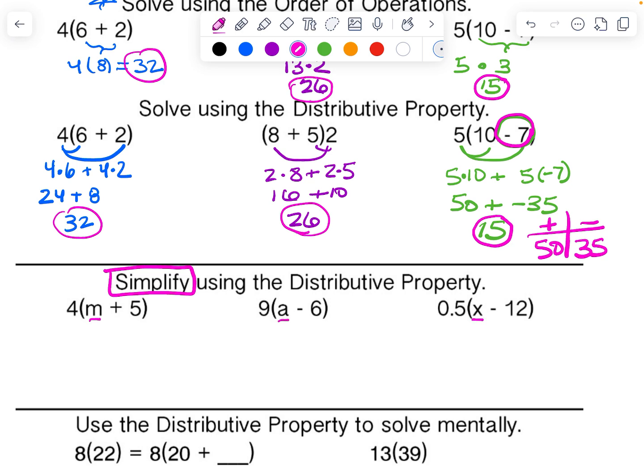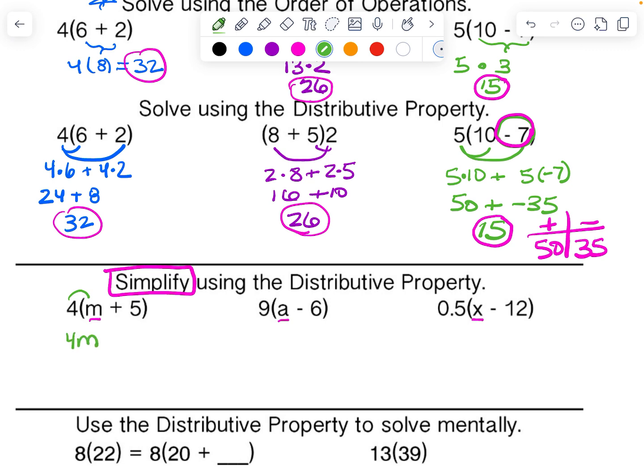We might just leave it in the simplest possible form, which is what's going to happen here. So we're going to do 4 times the first term, which is just m, and 4 times the 5, and we're going to add them. So the best we can have is 4m + 20. That's the simplest version we can have as our answer.